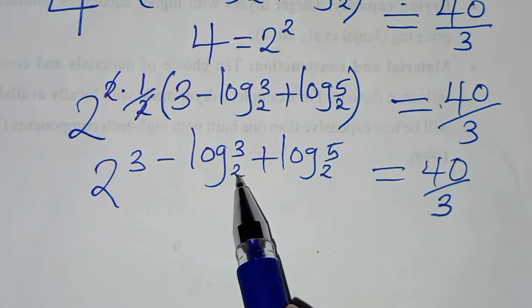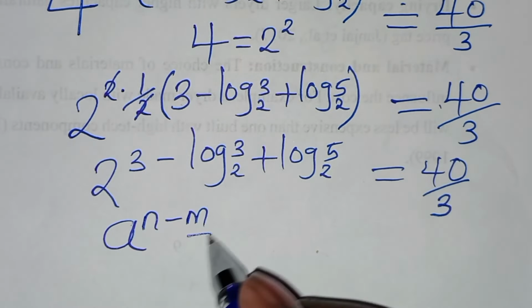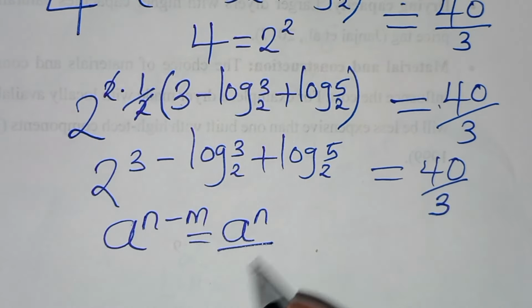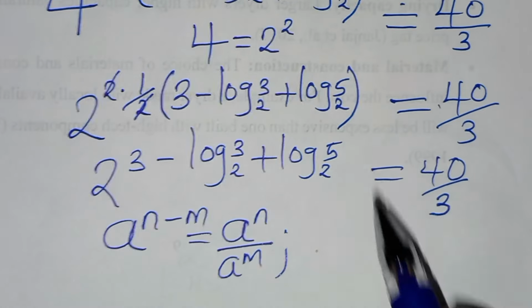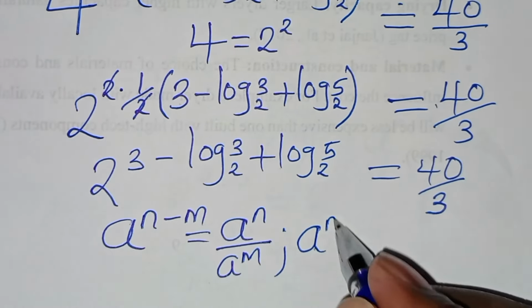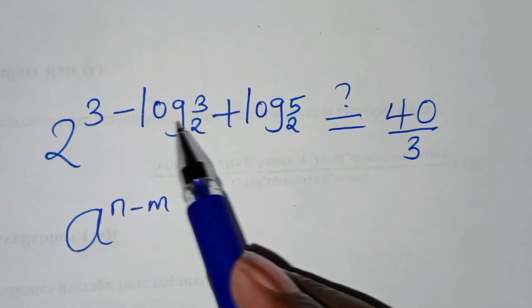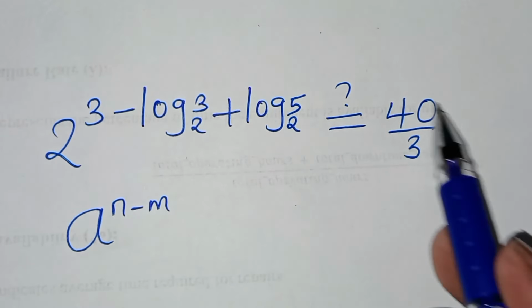This is in the form of a to power n minus m, which we can express as a to power n divided by a to power m. Again, this is in the form of a to power n plus m, which you can express as a to power n times a to power m.